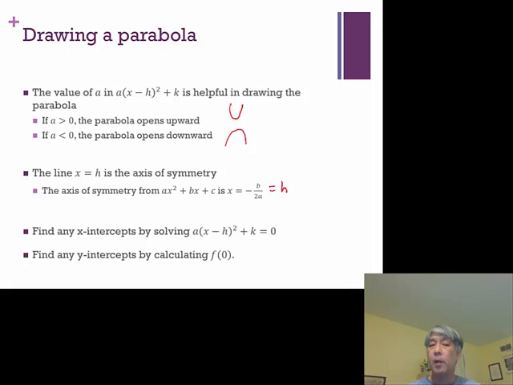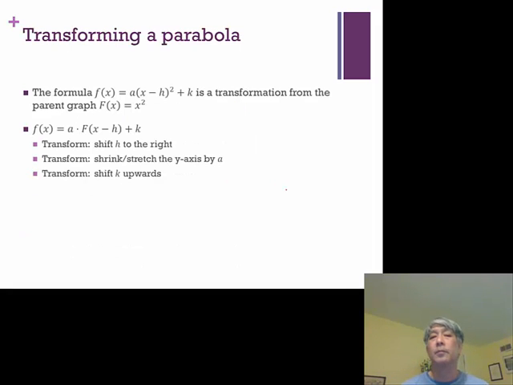In drawing the parabola, I would also try to find any x-intercepts by solving a times the quantity x minus h squared plus k, or by effectively solving ax squared plus bx plus c. I can also find any y-intercepts by calculating f of 0.